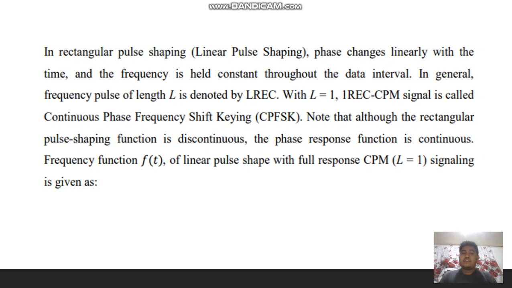Note that although the rectangular pulse shaping function is discontinuous, the phase response function is continuous. The frequency function f of t of a linear pulse shape with full response CPM, L equals 1.